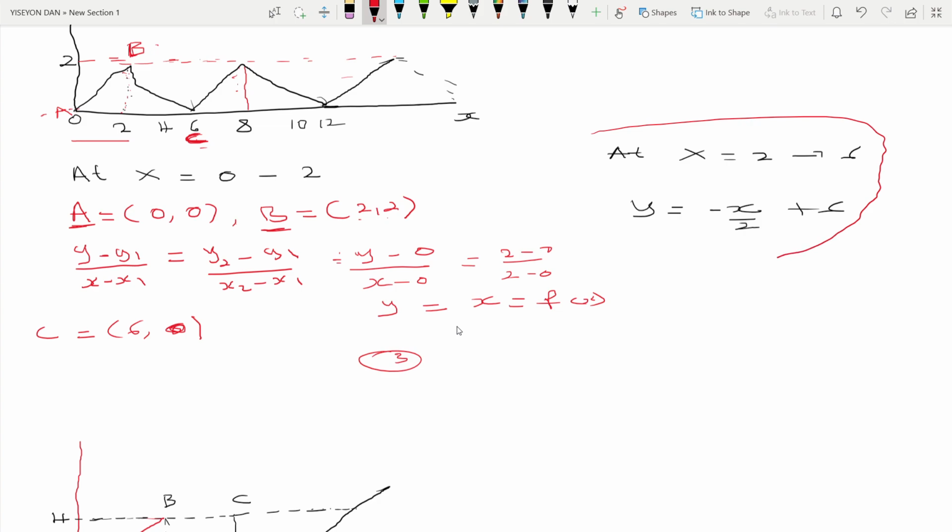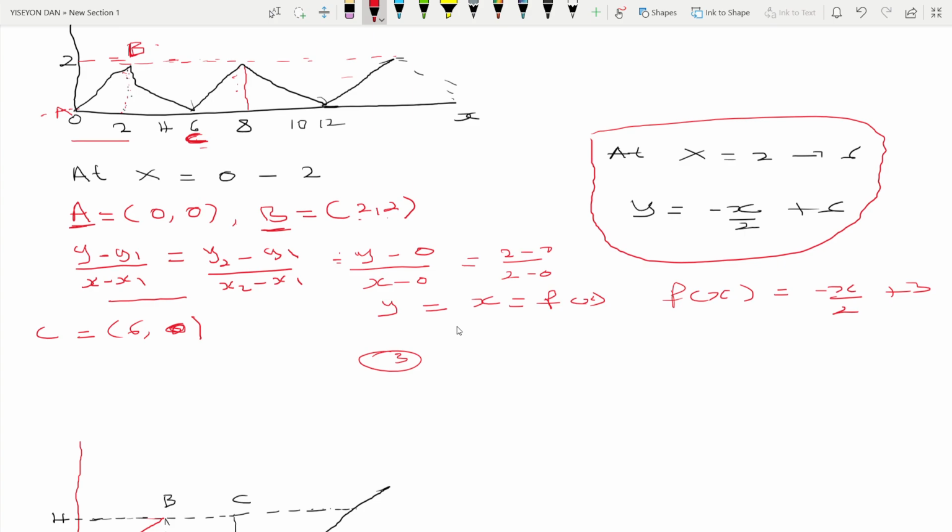You can try and check using this same formula, and you will see that you arrive at something of this nature. And of course, this can also be written as f of x equals minus x over 2 plus 3. So that is that for that.